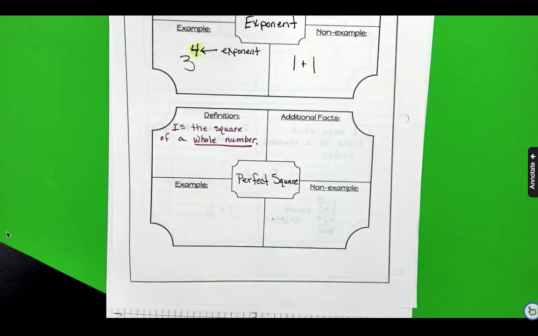Remember yesterday I had on the board on those practices, we had one that said this. Remember that, Amelia? Multiply it by itself, right.